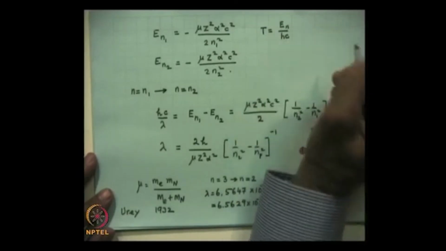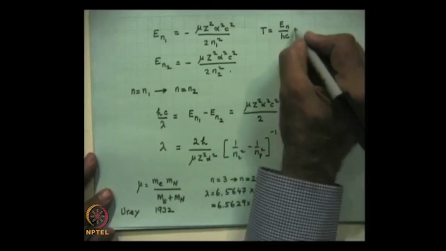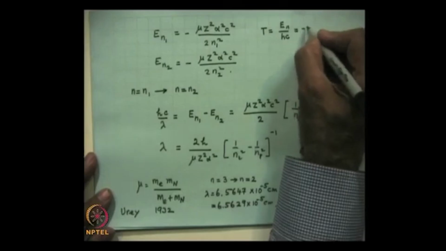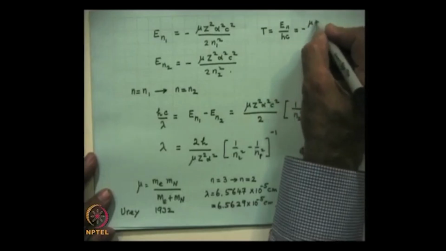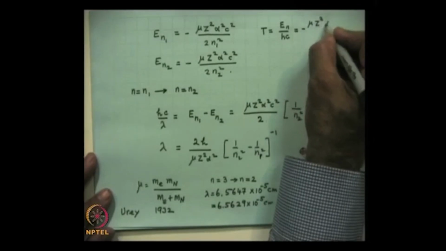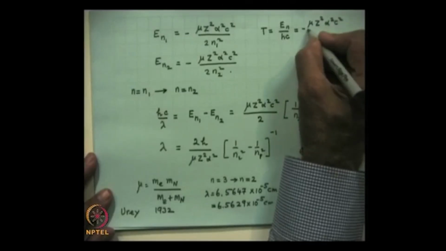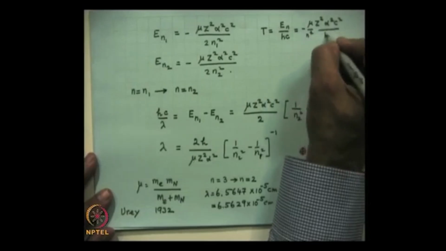If I divide by h c, you will get minus mu z square alpha square c square by n square divided by h.